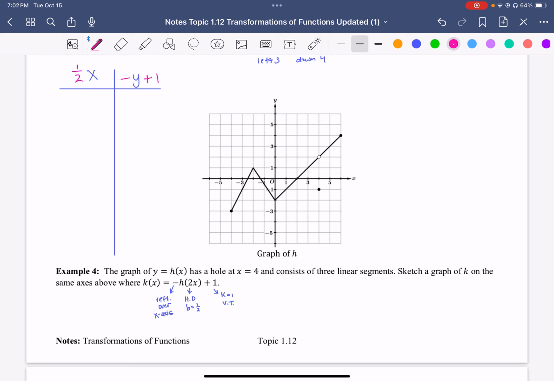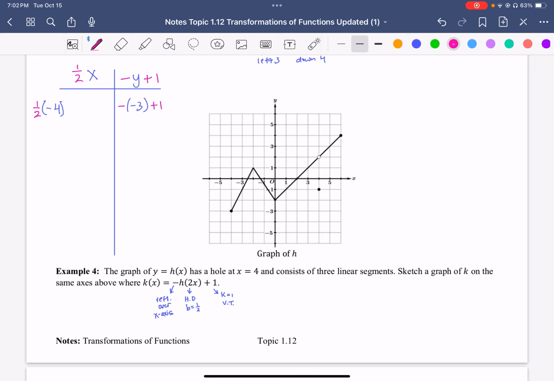Okay, so I'm going to do 1/2 times, and I see my first coordinate at -4, -3. So 1/2 times -4, and then -3 plus 1.